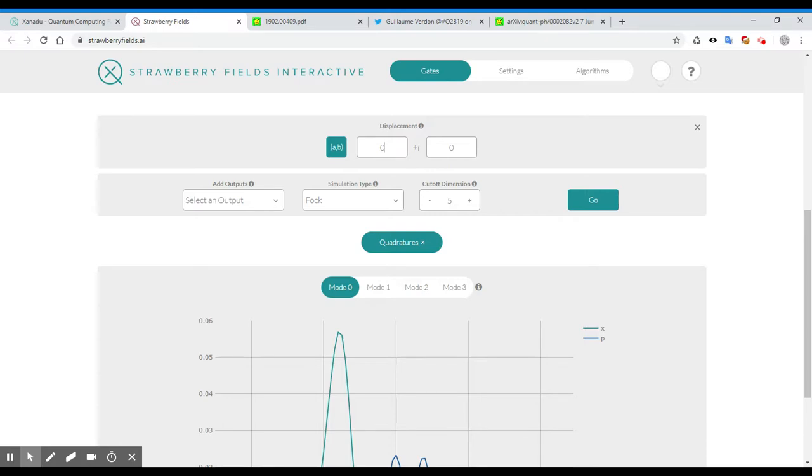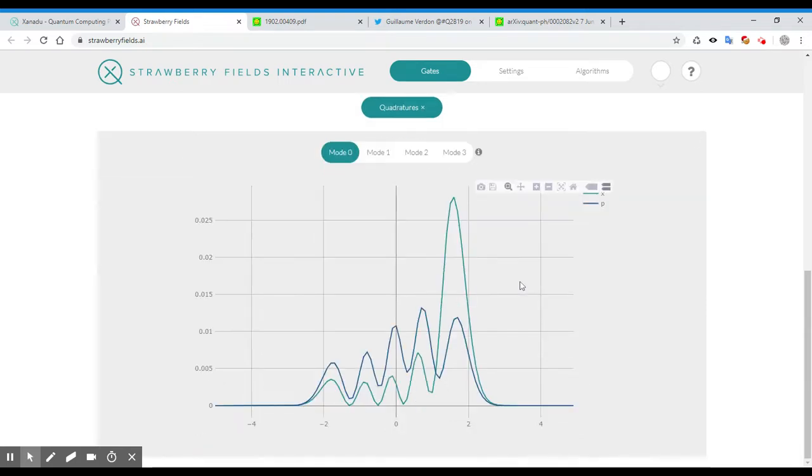Cartesian. So it can be entered in Cartesian form or in polar form. Okay. So what does it look like? I'm just playing with this right now.